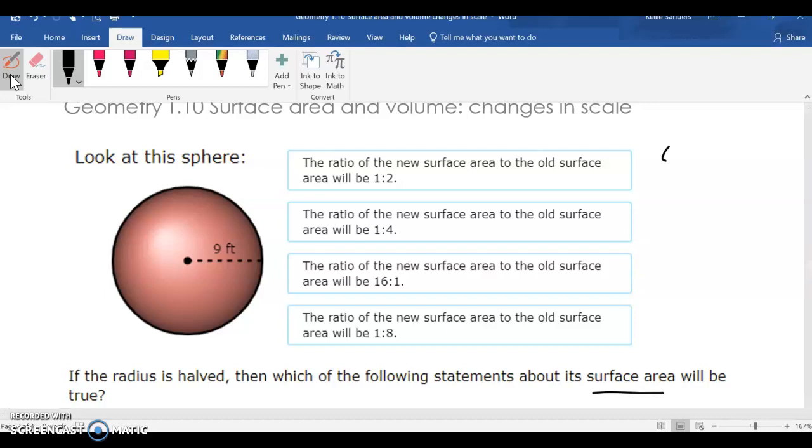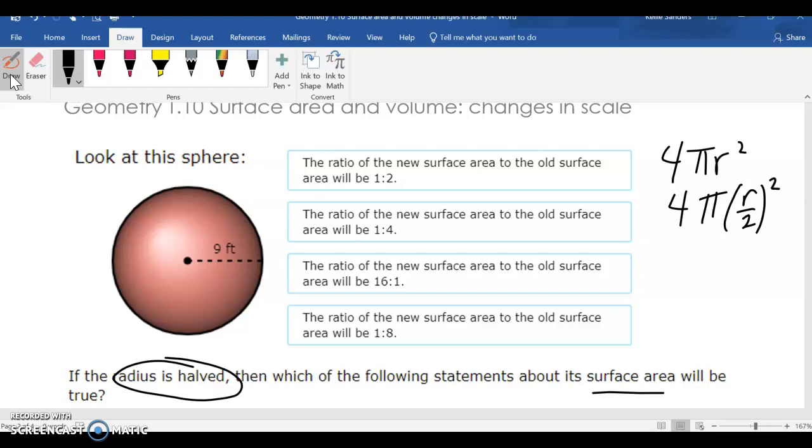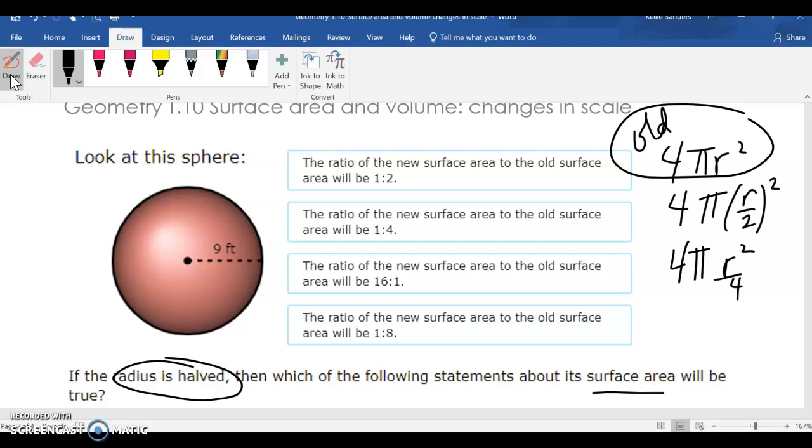Surface area, 4 pi r squared, and we are going to take half of the radius. This is old. And now this is going to be the new. R over 2 times R over 2 is R squared over 4. If you have a 4 on bottom and then a 4 in the front, those cancel out and leaves you with pi r squared.